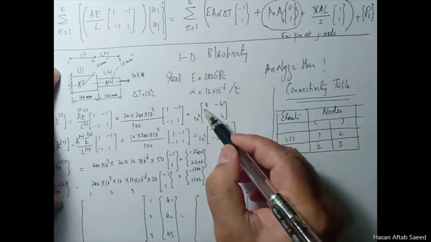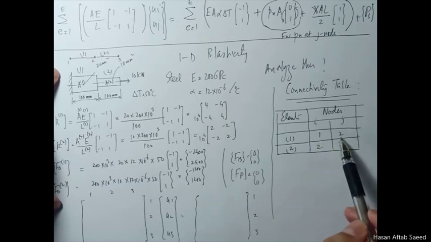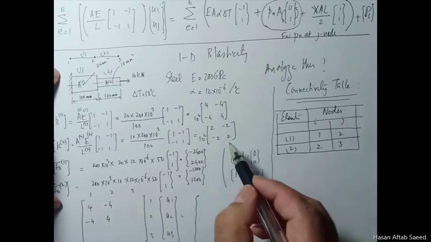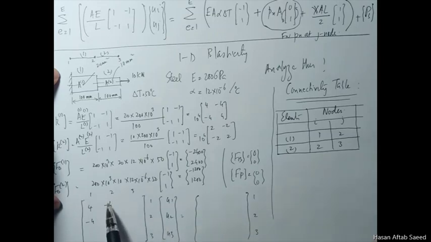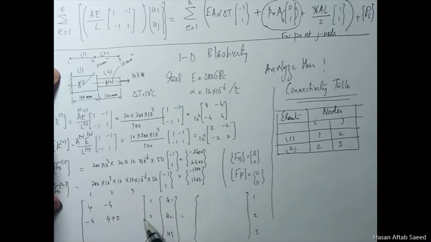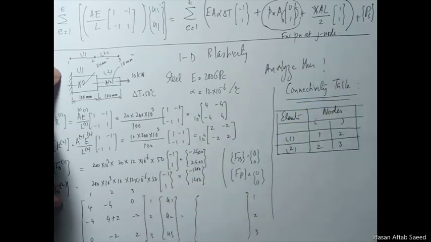Now this element 1 connectivity, node 1 and 2, so it should occupy these 2 spaces and also these 2 spaces. So it comes simply 4 minus 4 minus 4 4. Element 2 occupies 2 and 3, so it occupies 2 3 and 2 3, this space. So here you'll superimpose 2 minus 2 minus 2 2. Here you get zeros because there is nothing that comes in this space.